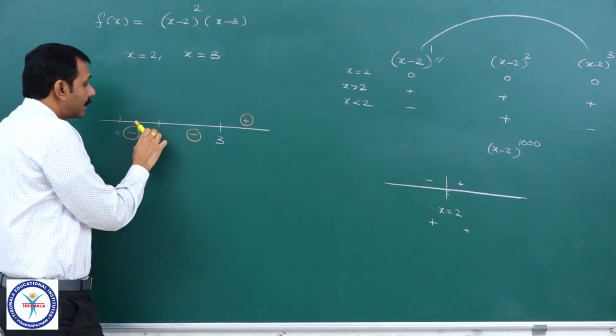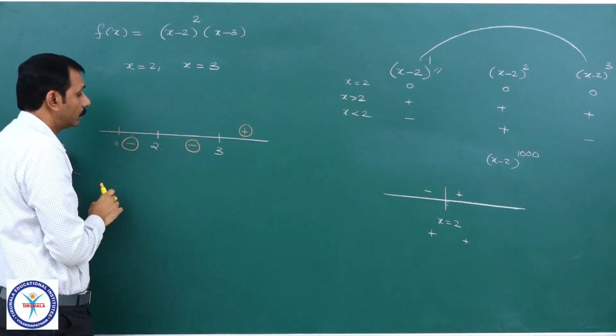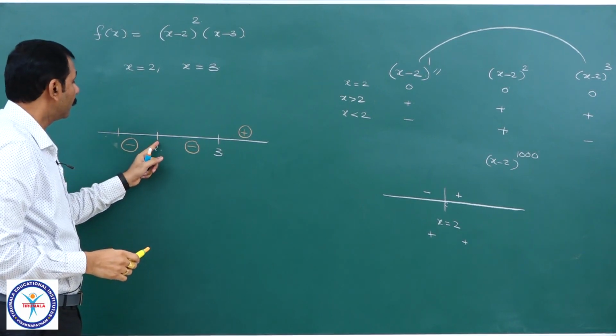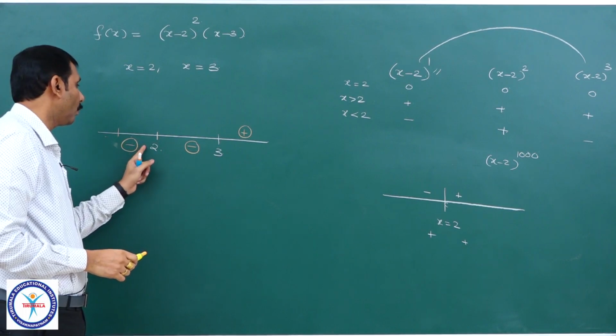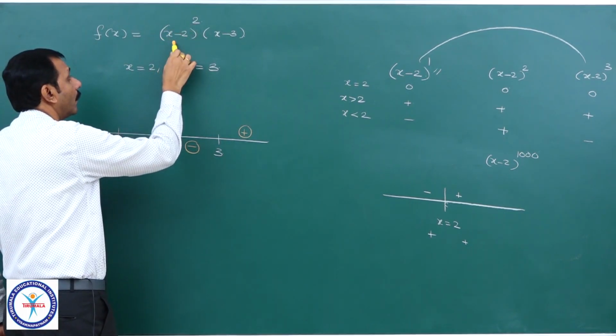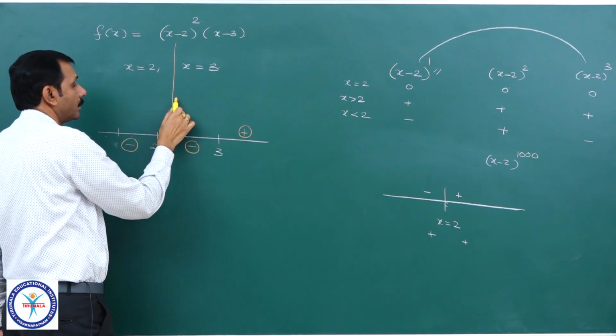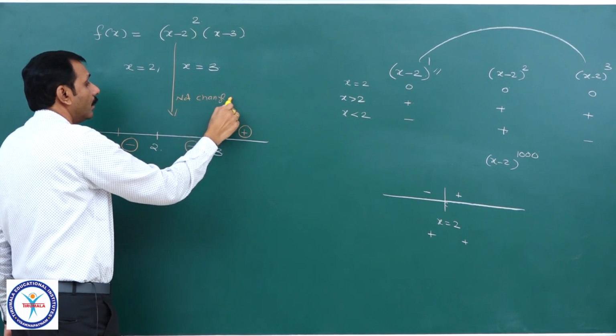Therefore, when x is going through the value 2, that is, when x takes values which are less than 2 or greater than 2, the sign of x minus 2 whole square will not change. Sign will not change.